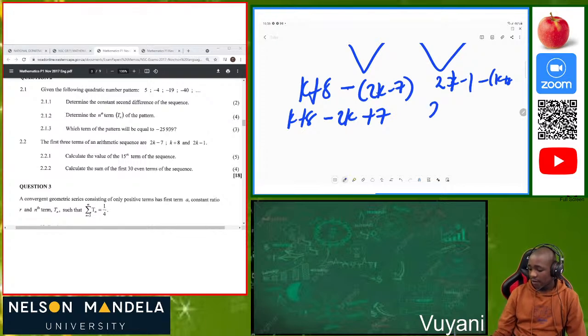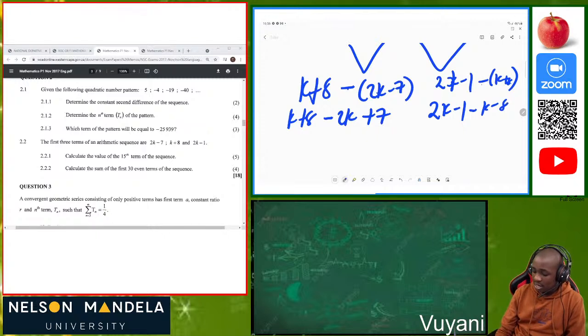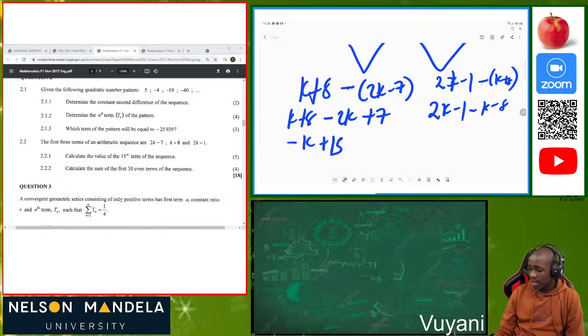Then this side we're going to have 2k minus 1 minus k minus 8. Solving this side, we're going to have negative k plus 15. And this side, we're going to have k negative 1 minus 8 is negative 9.